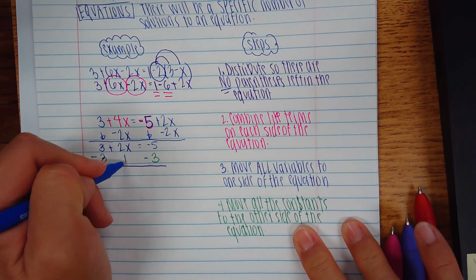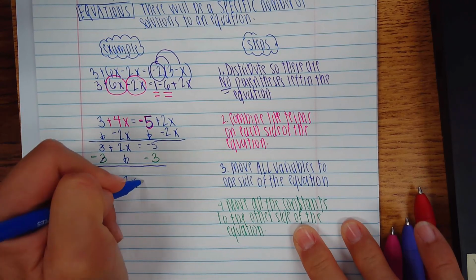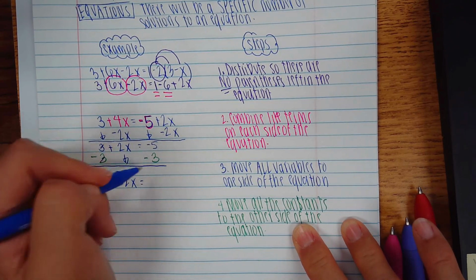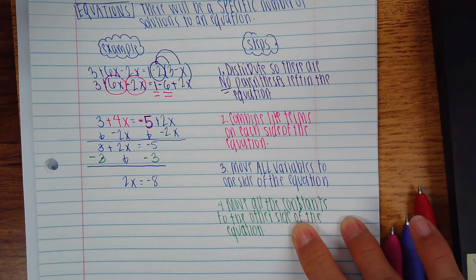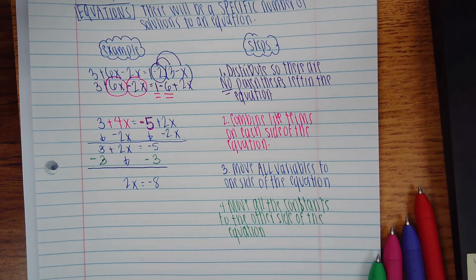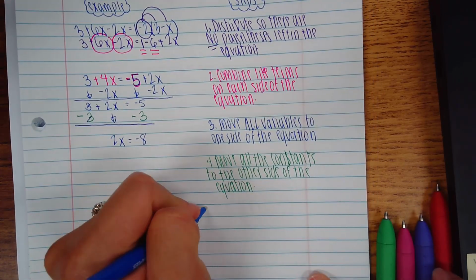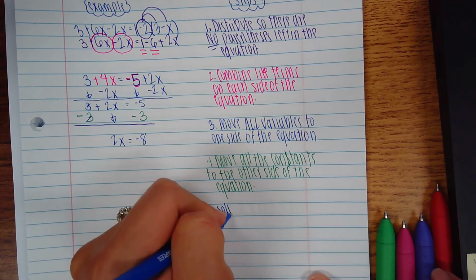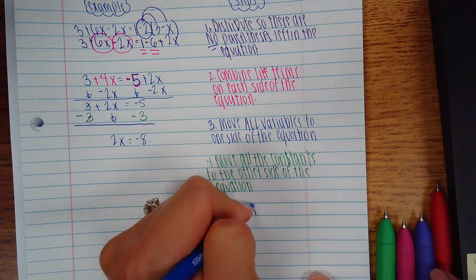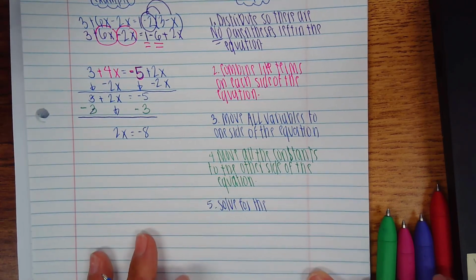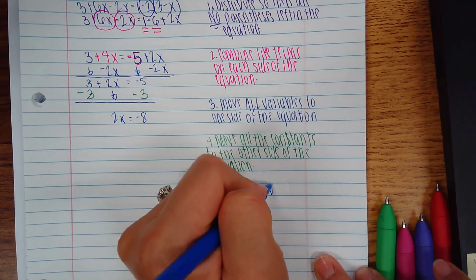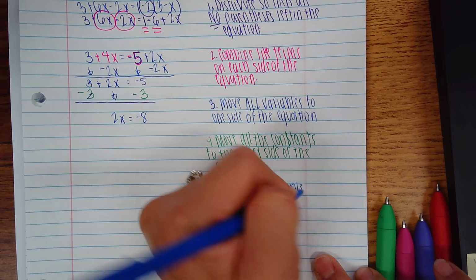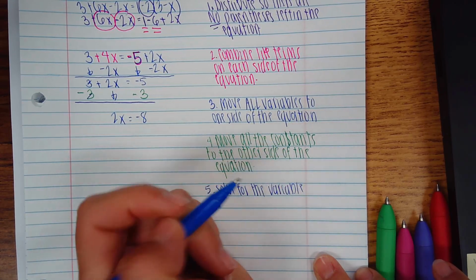So these would cancel out. I'll bring down my 2x, and I'll get a -5 and a -3 is a -8. Great. Now, what I want to do is solve for the variable by using inverse operations. So step number 5, solve for the variable, just our one-step equation here, using inverse operations.